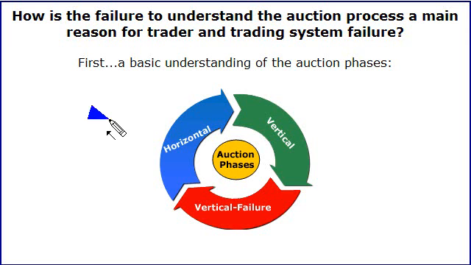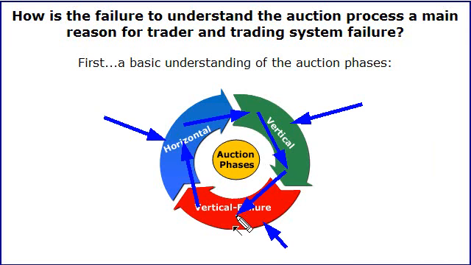The market will be in balance or in the horizontal condition until something changes and we break out into a trending or vertical type condition, and at some point that vertical is going to come to an end and find balance again. This process repeats itself over and over on every time frame. And so the market's continually exploring price levels, trying to find balance.